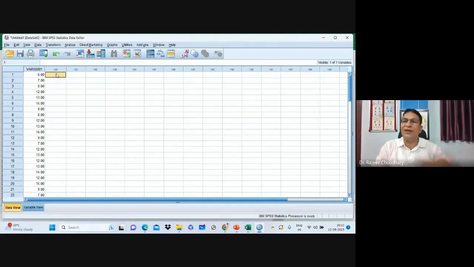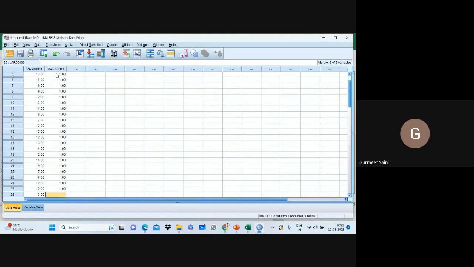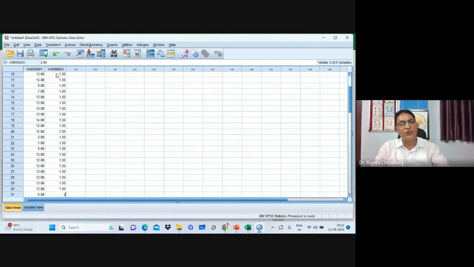Now we have to give a value. You may give any value. I am giving 1 stands for males. In front of the first 30 scores, write down 1. 1 stands for male, and 2 stands for females.